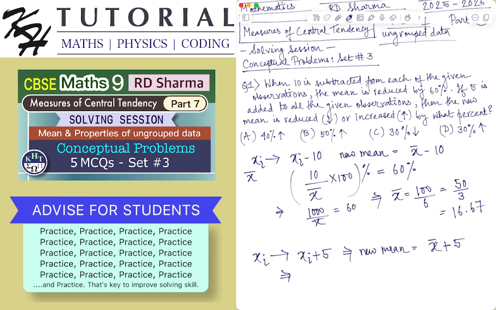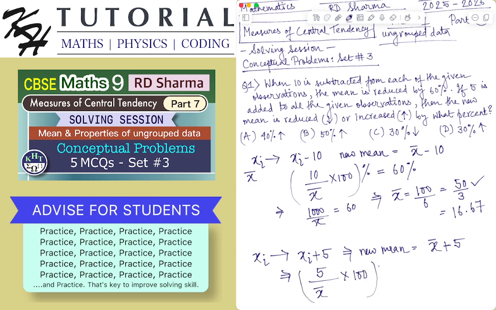So now we have to find what percentage is 5 of the original mean, where the original mean we have already found to be 50/3. So the percentage will be the increase in mean, 5, divided by the original mean multiplied by 100.